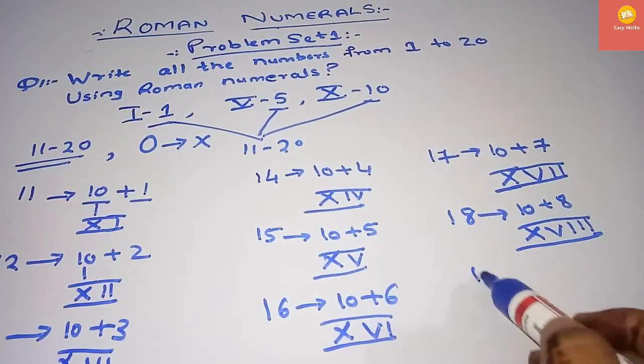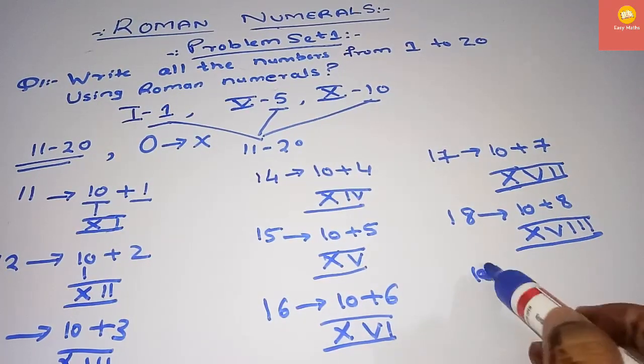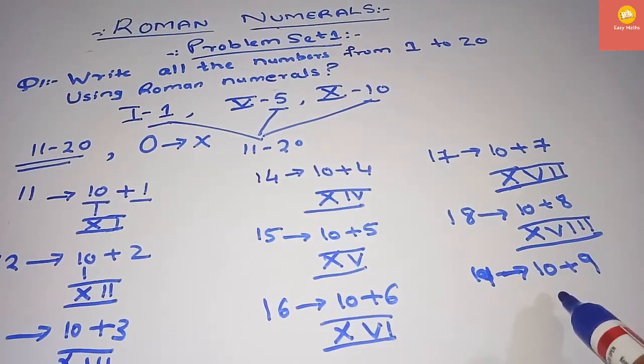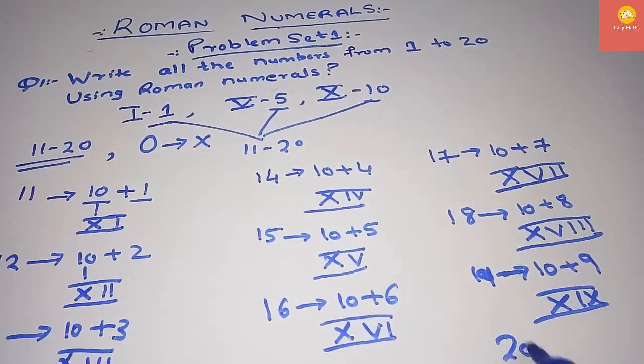Okay. Now 19. 10 plus 9 is 19. Capital X and 9 is like this. Okay. 20. It's 10 plus 10 is 20. Capital X and capital X.